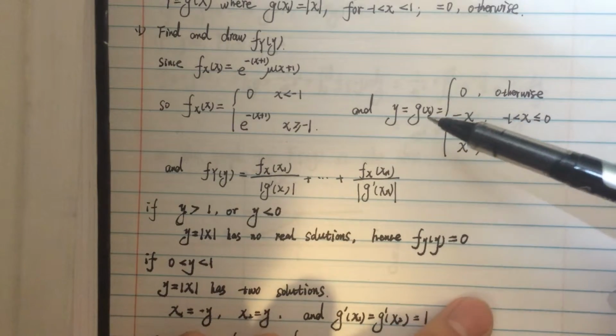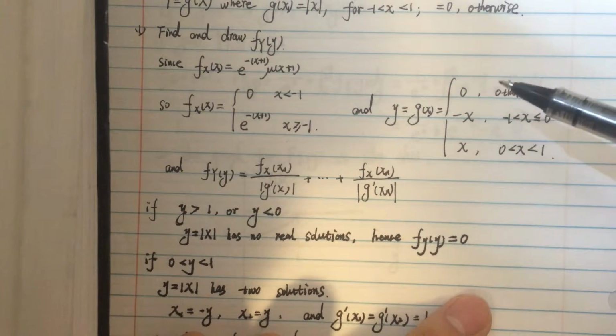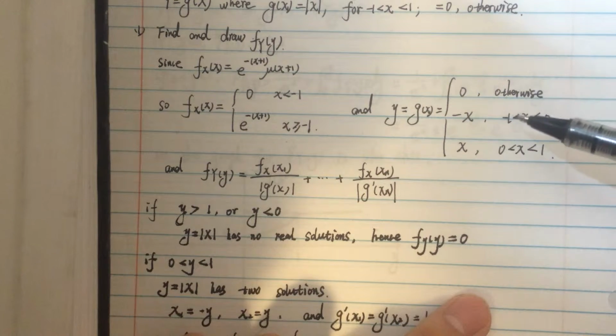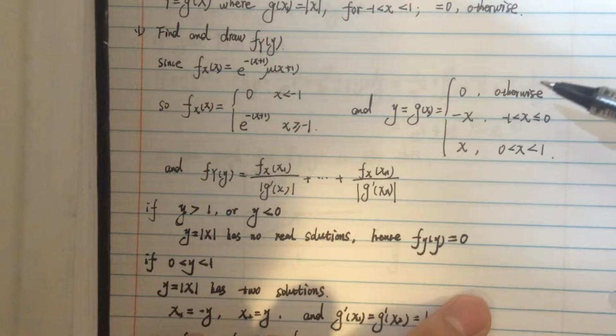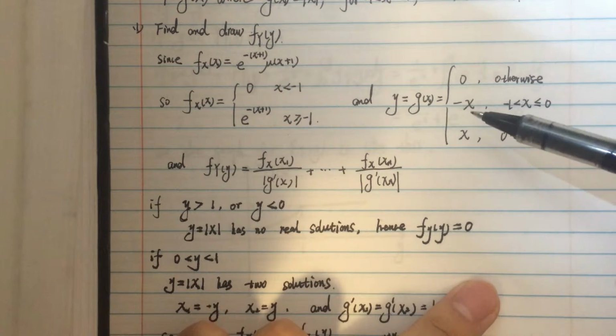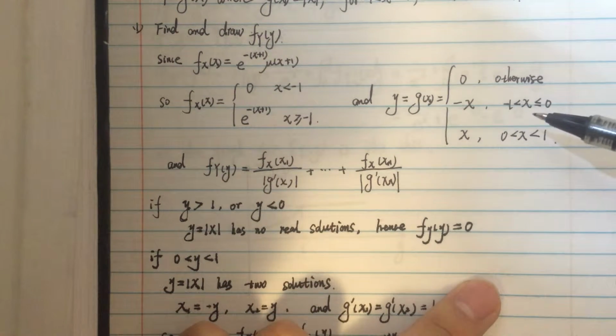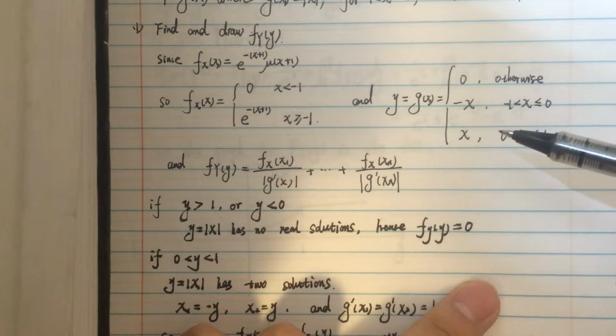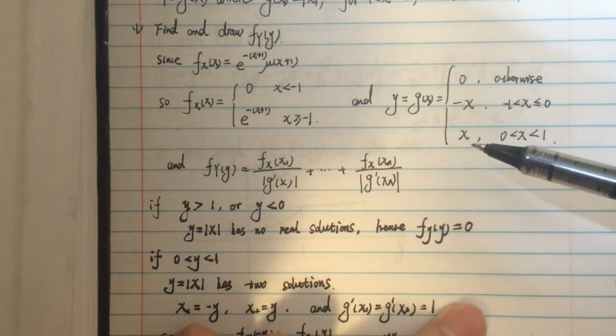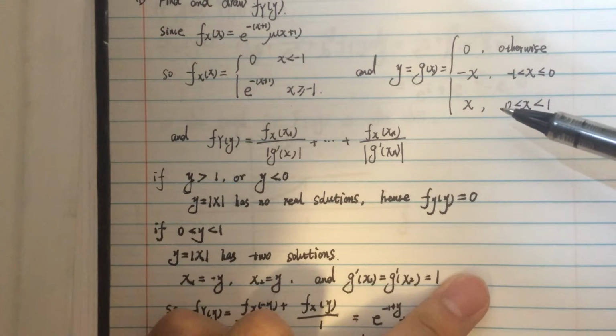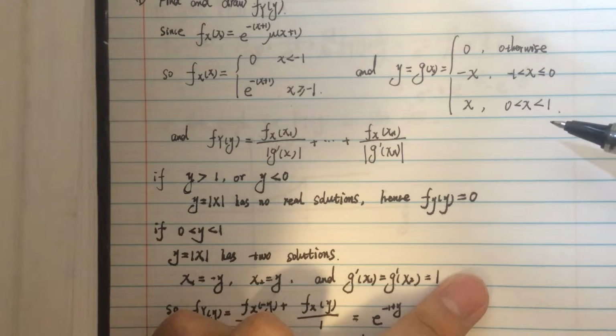And y will equal 0 if x is not in this region, and y equals minus x if x is larger than -1 and less than 0, and it will be x for x larger than 0 and less than 1.